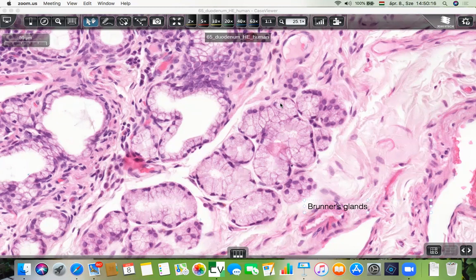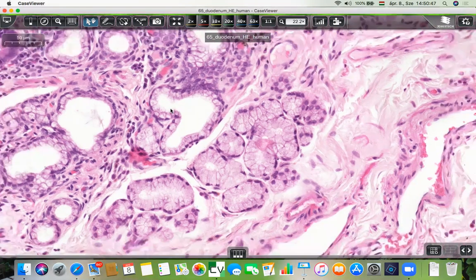You know, the acidic pH content comes from the stomach through the pylorus, but the really big majority of the pancreatic enzymes are able to work only on neutral pH. Therefore, the duodenal glands secrete this alkaline fluid, this juice, to change the pH into neutral.